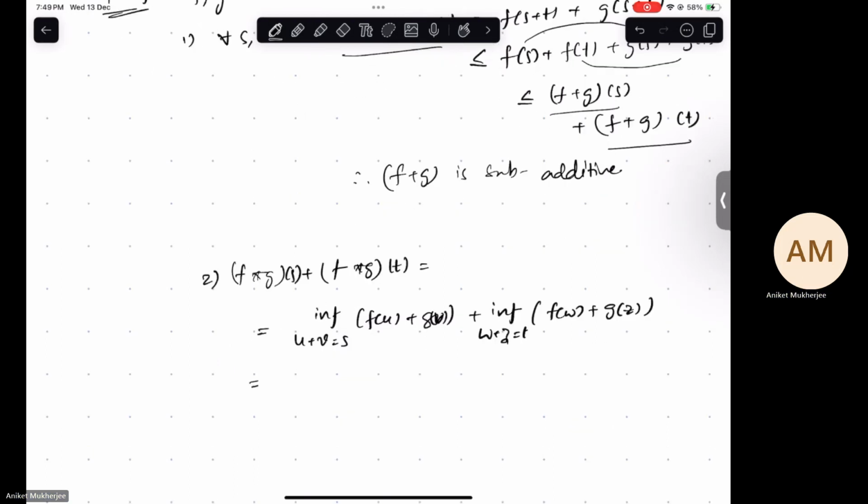Okay, so now this is greater than or equal to inf, I'm taking everything in the same bracket, over u plus v equal to s and w plus z equal to t of f(u) plus g(v) plus f(w) plus g(z).